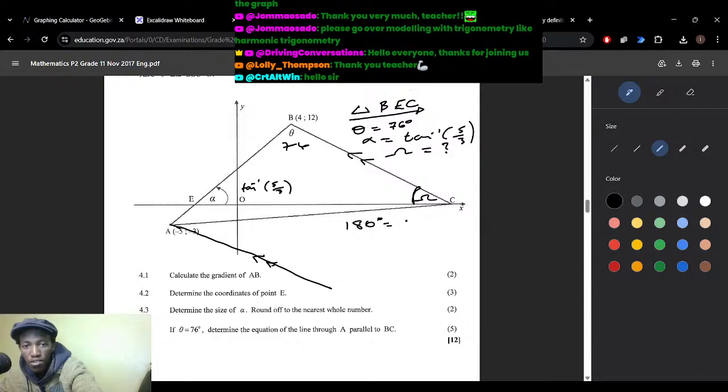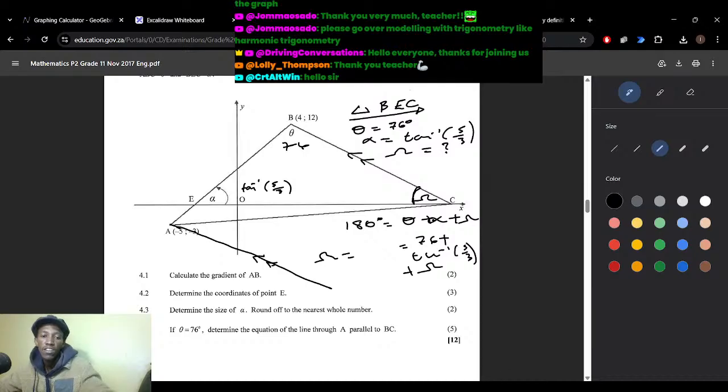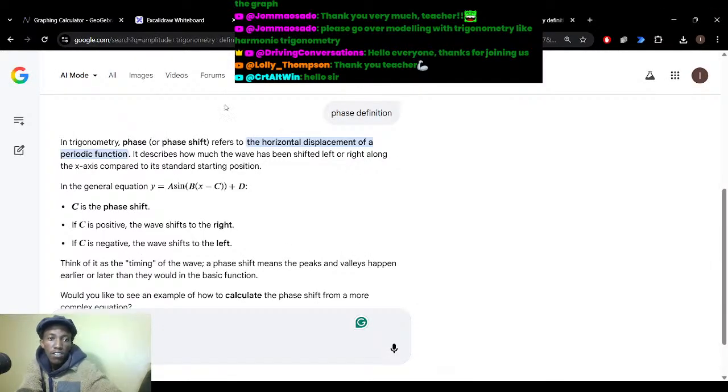So 180 equals 76 plus tan inverse of 5/3 plus omega. So this then means that omega equals what? Let's check the calculator.